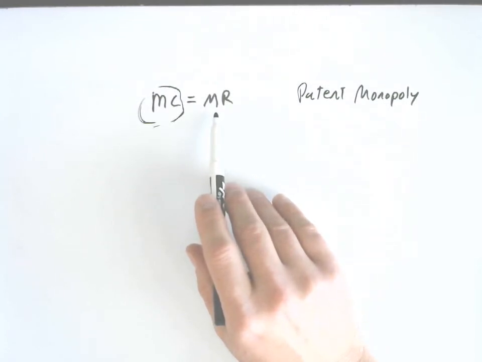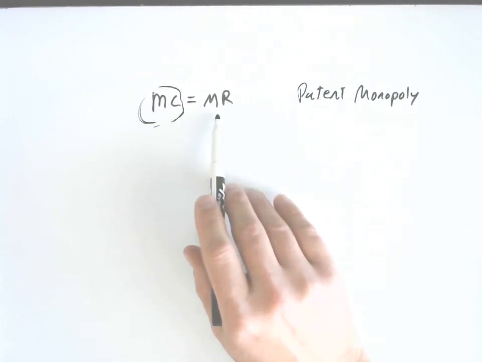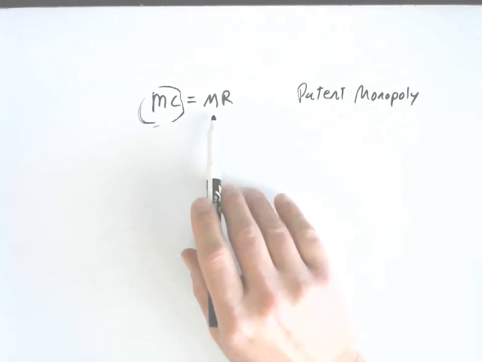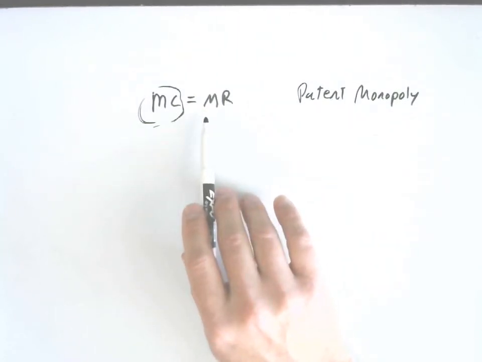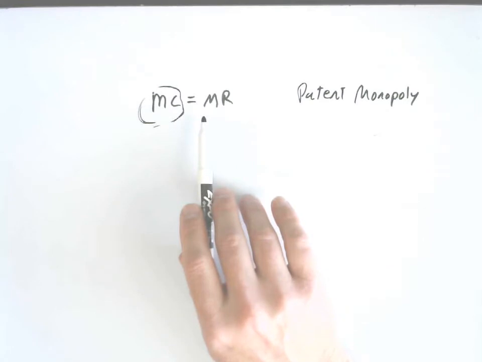Now, if we remember, under perfect competition the marginal revenue curve was horizontal. That is because perfectly competitive firms are producing homogeneous products, and they're all small relative to the industry size. Meaning that in order for a perfectly competitive firm to sell more product, all it had to do was increase its level of output.